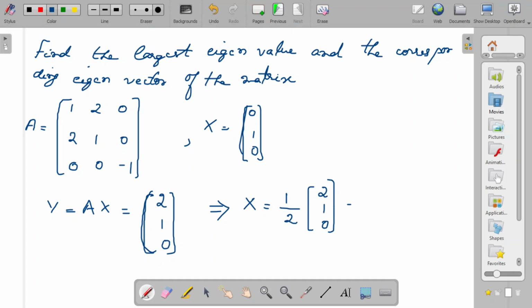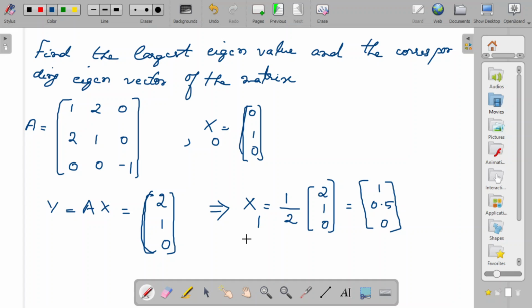Dividing each individual by 2, I'll get 1, then 0.5, then 0 here. Okay, so this is the first step. From the initially approximated x0, I found x1.